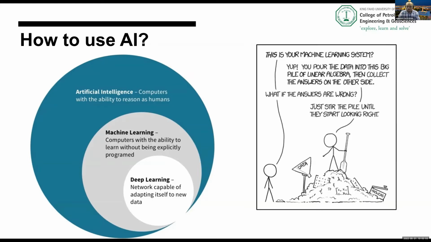Then the main question is, what if the answers are wrong? Then our job is to just stir the pile until they start looking right. In our case, it means we're just tweaking the algorithms, fine-tuning the parameters until it looks right, and until the results make sense to us.